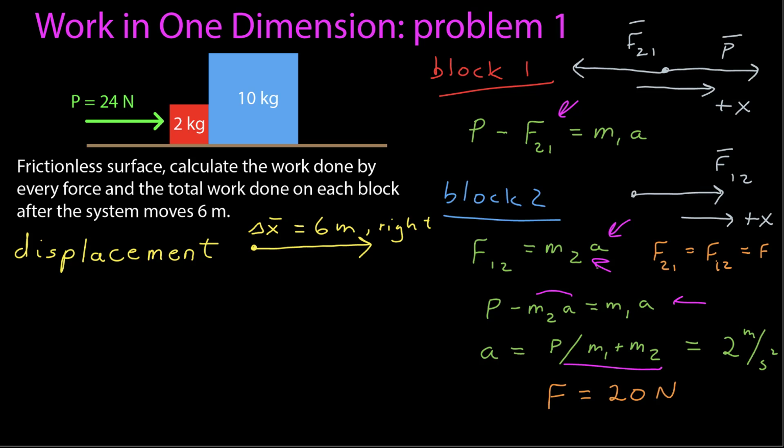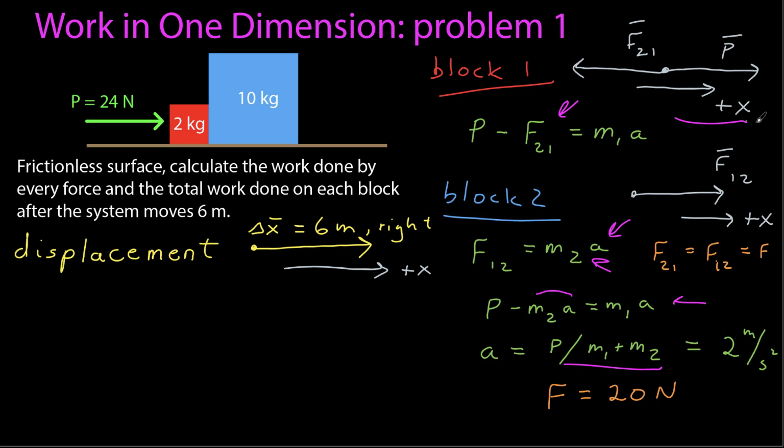I know from the context of the problem that that is a vector to the right, so now I just need a coordinate system. I'm going to set up my positive coordinate system to the right as well. Note that this coordinate system is not independent. If I want to calculate the work due to each of these forces, I need to calculate my displacement each time with the same coordinate system in which those forces were defined.